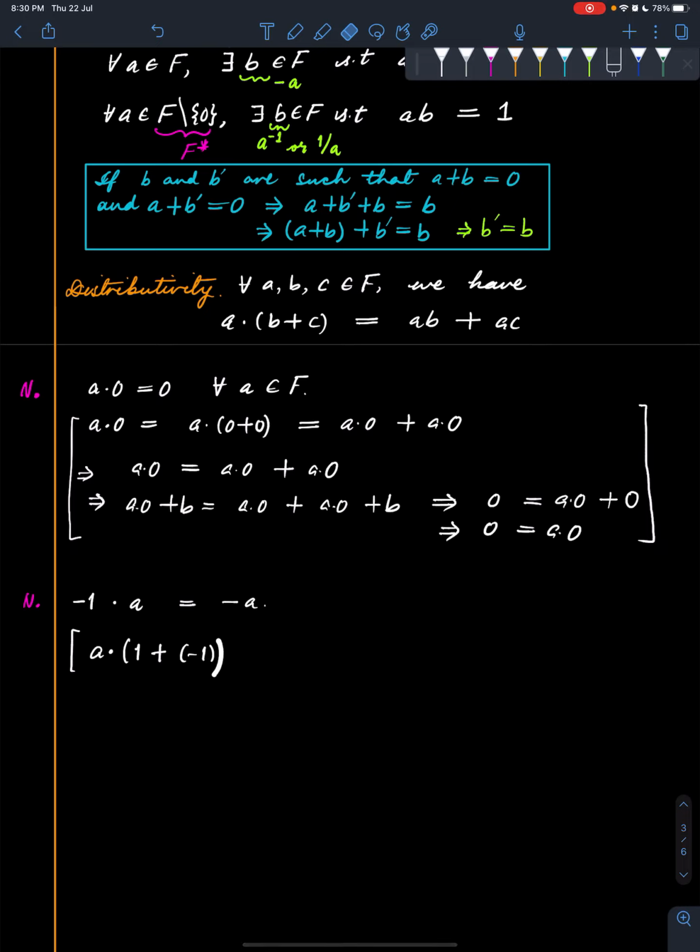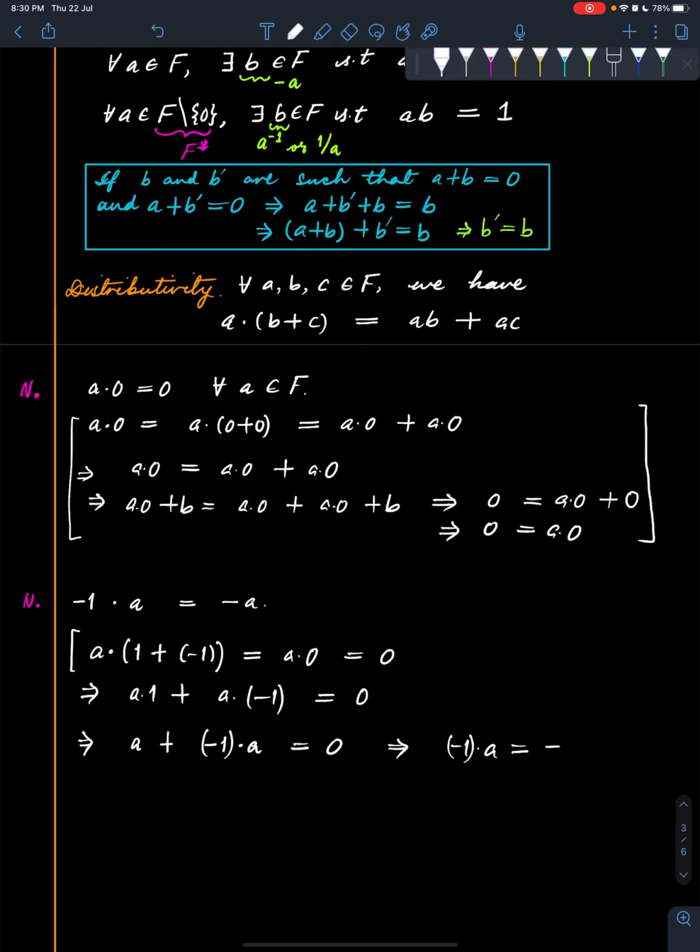Anyway, so we have this guy equals A dot 0 equals 0, which gives us A dot 1 plus A dot minus 1 equals 0, which means, by the fact that 1 has the property that it doesn't disturb anything, it is the multiplicative identity, and this one I will write as minus 1 dot A by commutativity, which gives us 0, and therefore minus 1 dot A is the additive inverse of A. Because if we add the additive inverse to this side and that side, the right hand side becomes that, and the left hand side this and the additive inverse together cancel out to give 0.